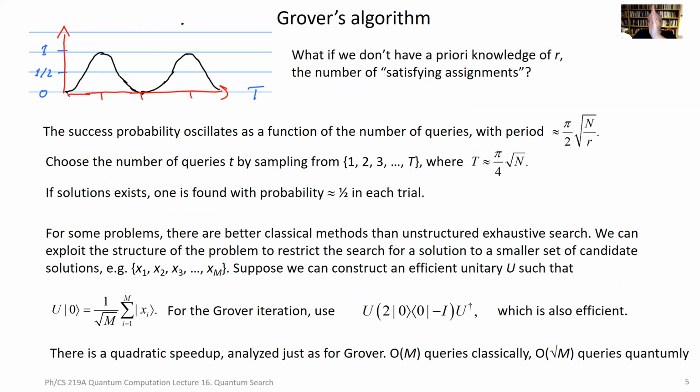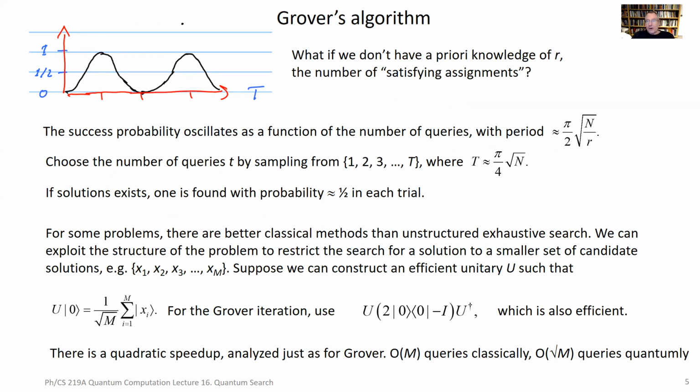But if you just keep on rotating, then you start rotating away from w. And so if you were unlucky and you went too far and you queried for twice the number of queries that would give you the optimal chance of finding the marked state, you'd be back to having essentially 0 probability of finding it. So that would be bad.